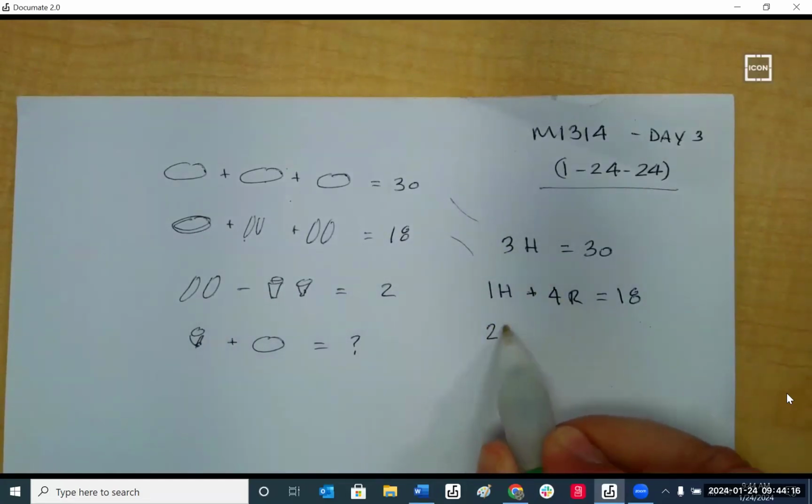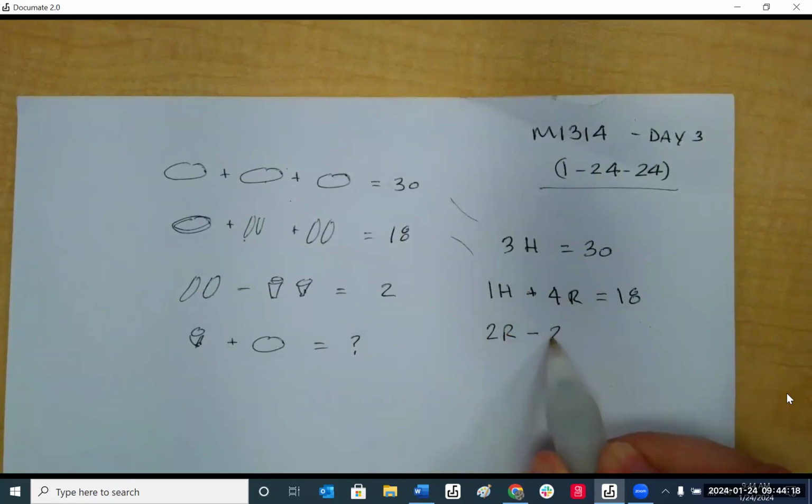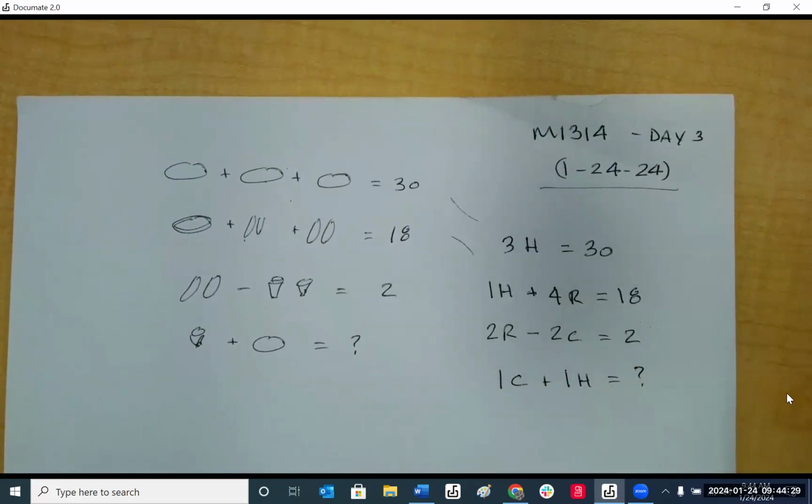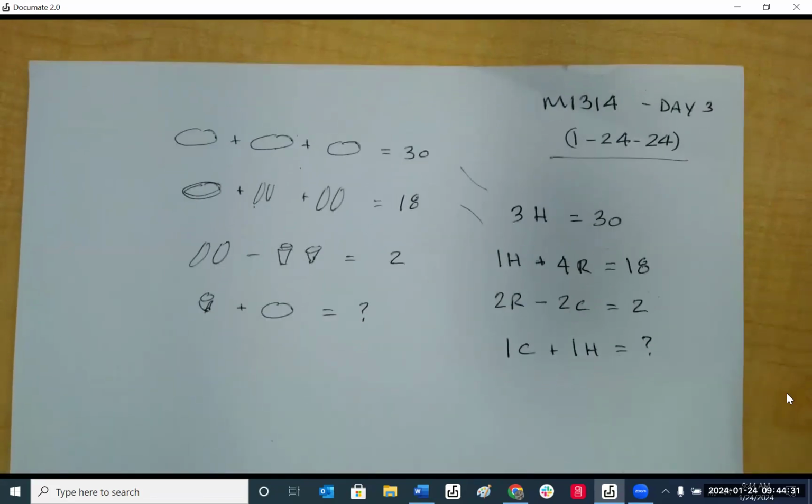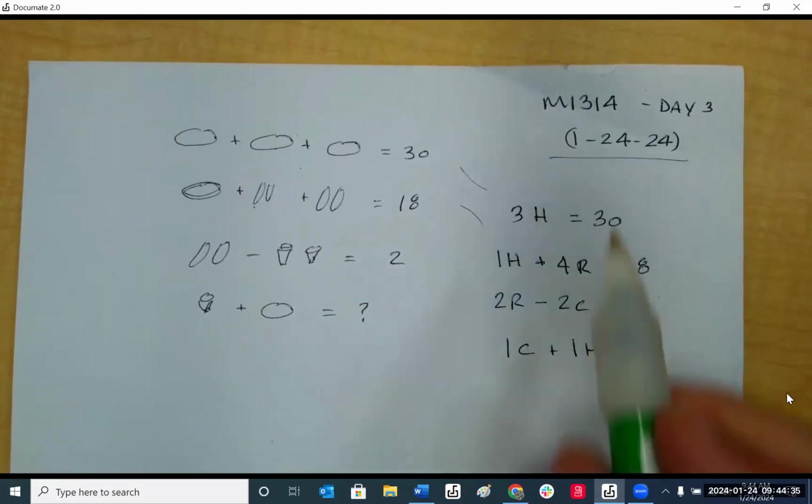We have 2 rolls minus 2 Cokes equals 2. 1 Coke plus 1 hamburger equals what? It's a math equation. Let's work our way down.